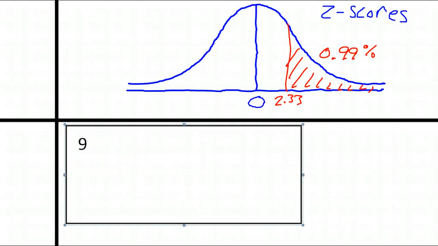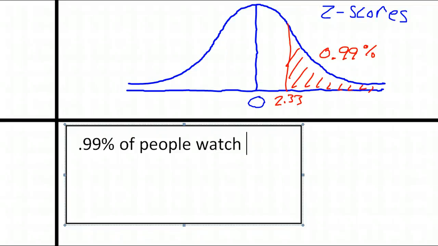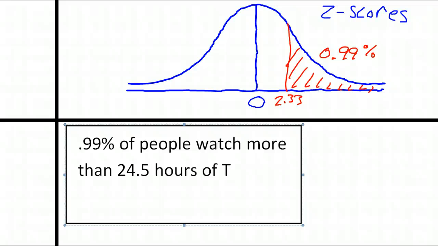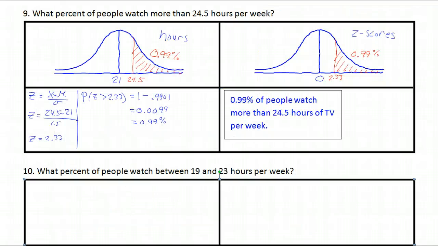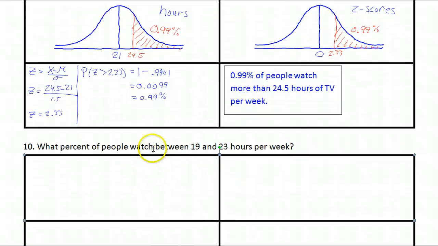Okay, 0.99% of people watch more than 24.5 hours of TV per week. Okay, that is it for that one. Okay, number 9.